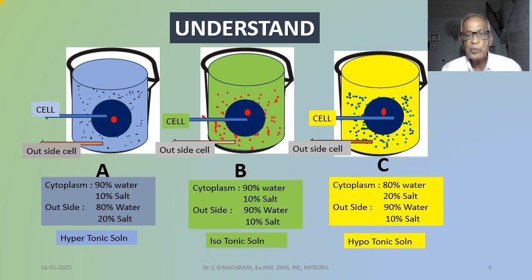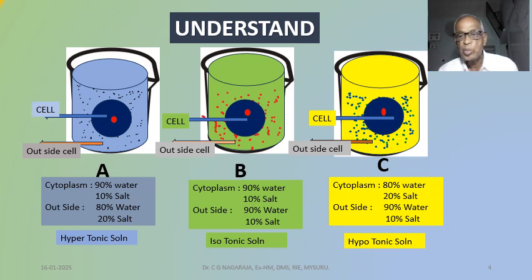In B, cytoplasm contains 90% water and 10% salt. Outside, it has 90% water and 10% salt. Both water and salt concentrations are equal, and that is called the isotonic condition. So the cell is placed in an isotonic solution.